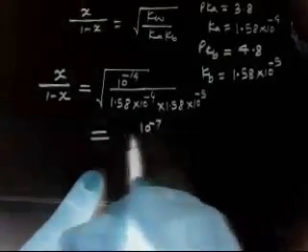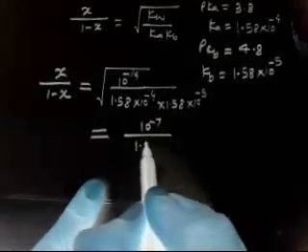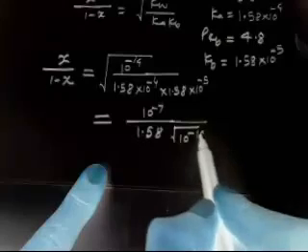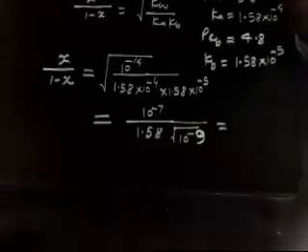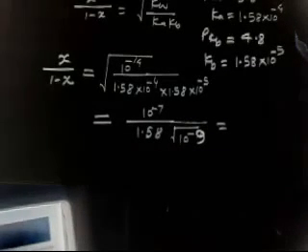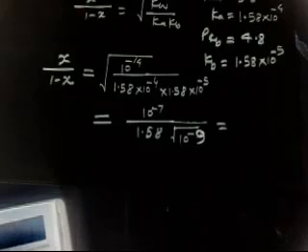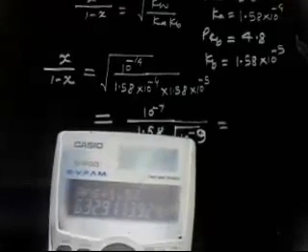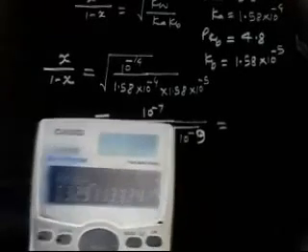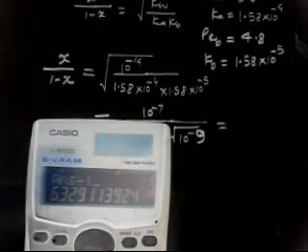I can solve this: 10 to the power minus 7 on the top, divided by 1.58, and this divided by root over 10 to the power minus 9.